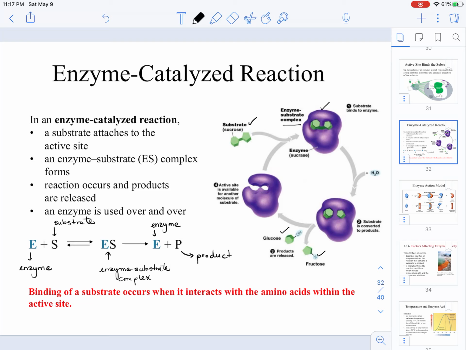Then, as you can see, we have the products formed, and we regenerate a free enzyme that now can go back and initiate catalysis of a brand new substrate.